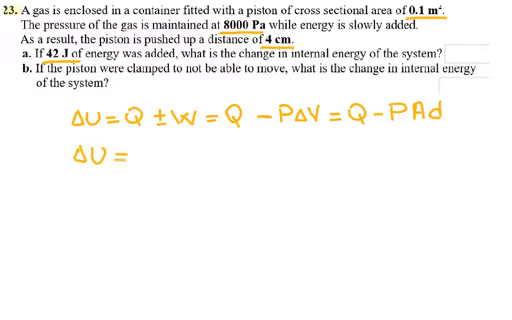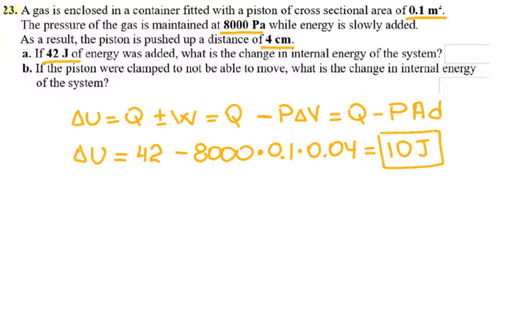So the change of internal energy is equal to 42 joules minus the pressure, which is 8,000, times the area, which is 0.1, and times the distance, which is 4 centimeters, 0.04. So that will give me the change in internal energy is equal to 10 joules. So that's by how much the internal energy of the gas increased.